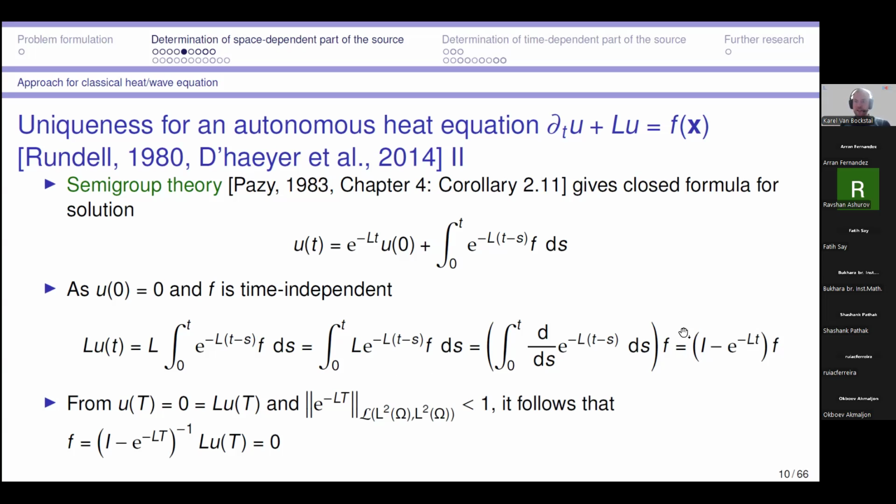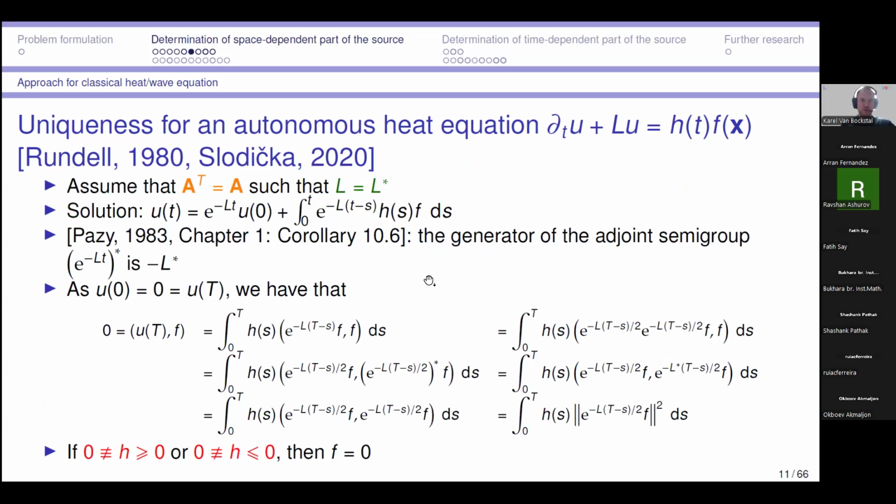As this is a semigroup of contractions, we can invert this operator, and we get that f is equal to this expression. And if we look at the final time, then we have that u(T), and also L u(T), is equal to 0. So we get that f is equal to 0, which also implies that u is equal to 0. So this is a sketch for the proof of uniqueness.